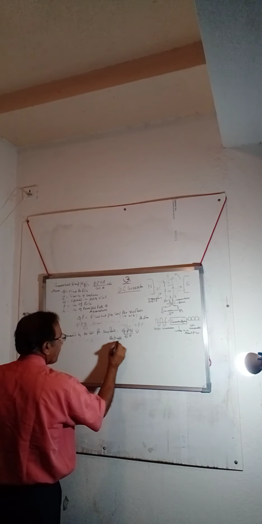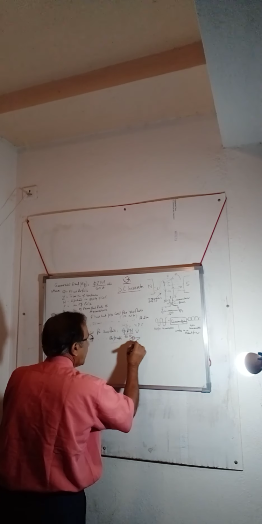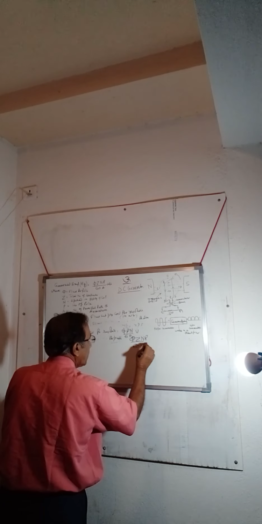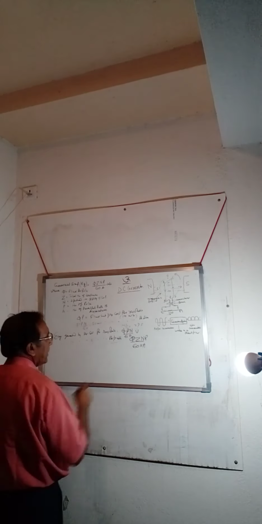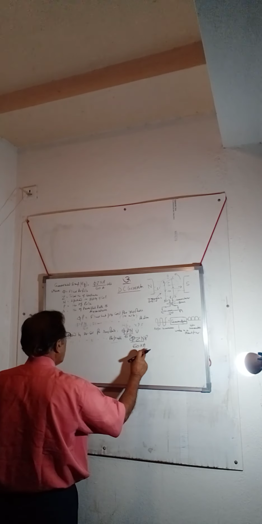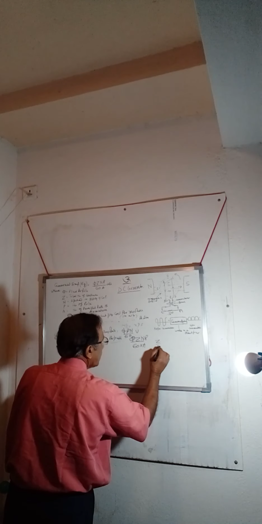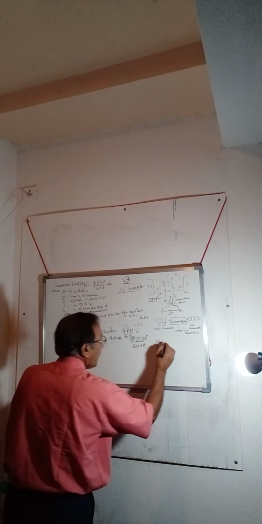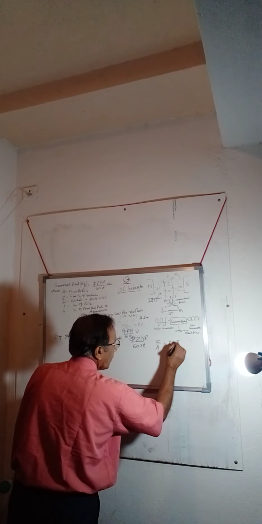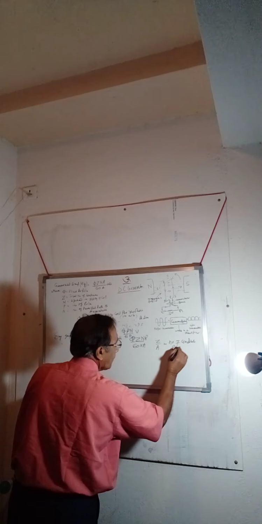The EMF generated per path is equal to phi Z N P by 60 A, where Z by A is the number of conductors per path.